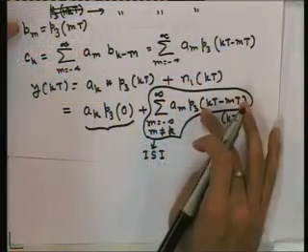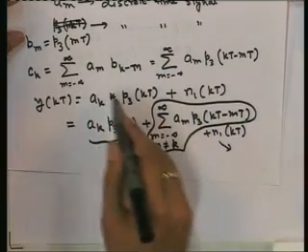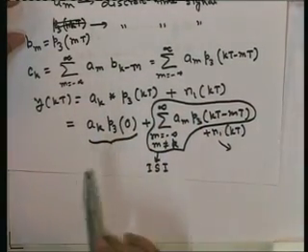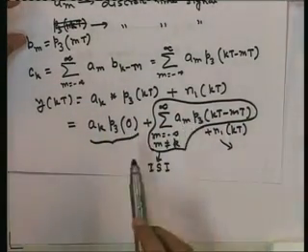To say that all these terms are zeros, it means that this convolution has only one sample non-zero. All the other samples are zeros.